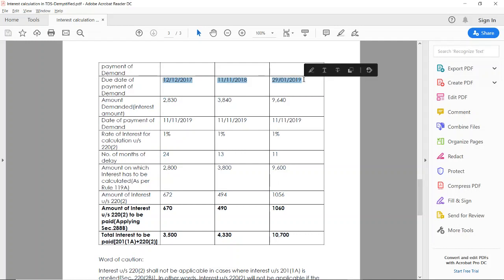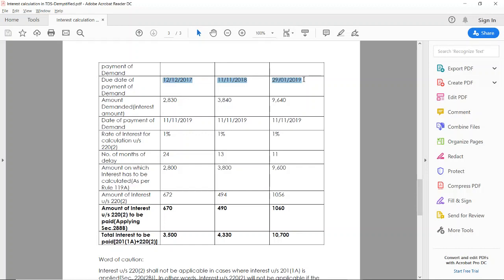If not, 220 subsection 2 interest will be applicable afterwards, which means one would have to pay 1.5% on the basic TDS amount for failure to pay the TDS, 1% on failure to deduct TDS, and again 1% on failure to pay the amount demanded by the income tax department.